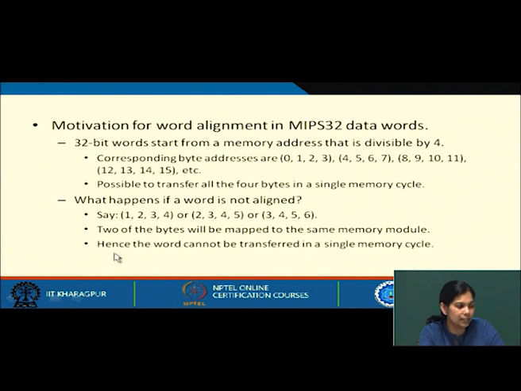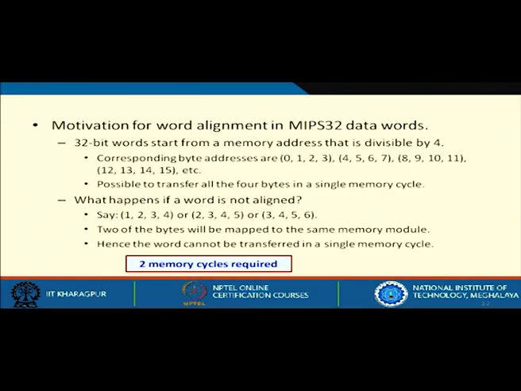So, in one memory access I can get this, and in another memory access I also need to get the 0th location. Hence, the word cannot be transferred in a single memory access. It will be accessed in a single memory cycle only when it is aligned. If it is not aligned, it will require more memory accesses. In this case, 2 memory cycles will be required.